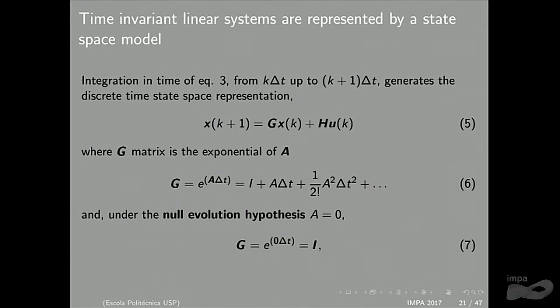Now for our design objective, we use the hypothesis that A is almost null. That's a nice hypothesis because we capture the data 100 times faster than the heart beating. That is the fastest phenomenon that we want to observe. We perceive that G becomes the identity matrix.